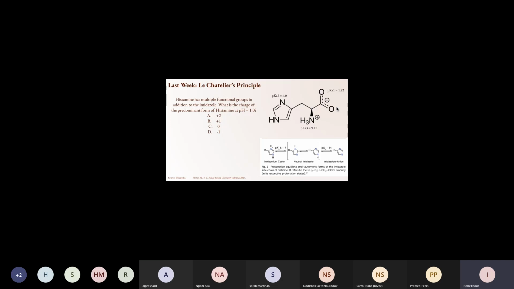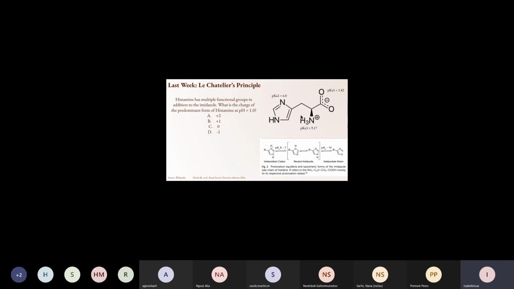Probably not. So that negative charge goes away, becomes 0. And now we look at pKa2. The pKa2 is at 6.0, and again, it is much higher than the pH. That means there's so much proton that it is likely to be protonated, so it's probably going to be a positive charge right there.